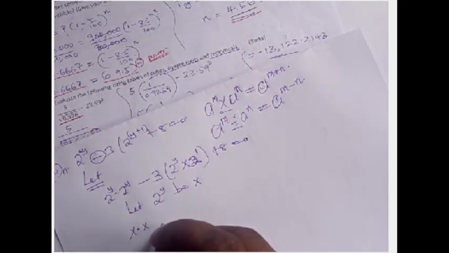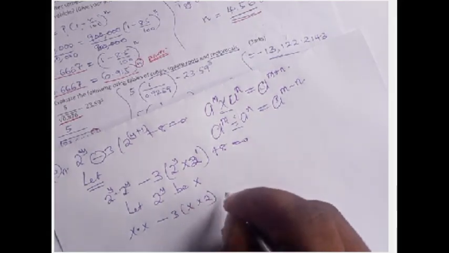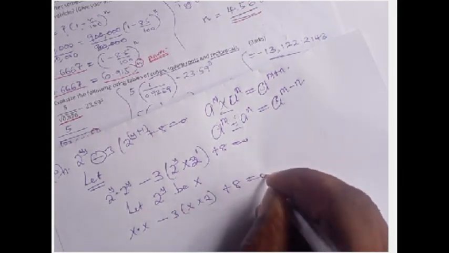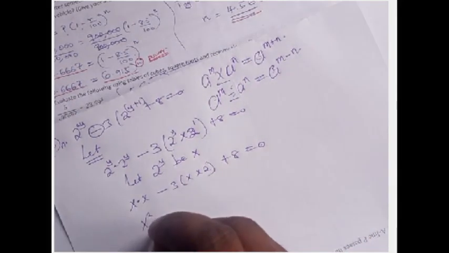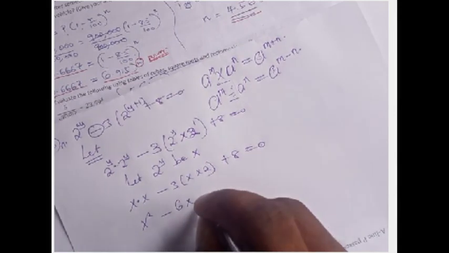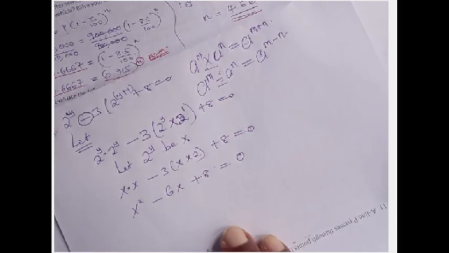This one we like tracing back where the numbers came from. Then we say let 2 to the power of y be x. So x times x minus 3 into x times 2 plus 8 is equals to 0. So this one becomes x squared minus 6x plus 8 is equals to 0.